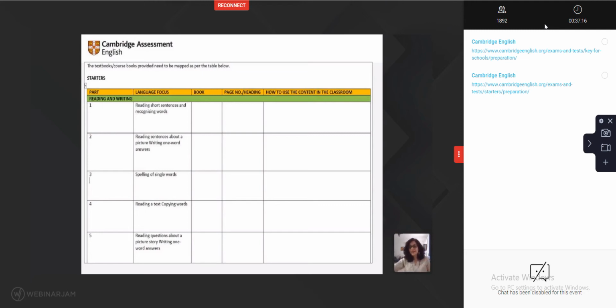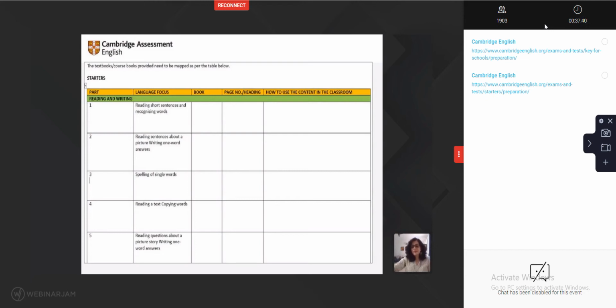And then you have the language focus, where you have descriptions of the subskills of reading. Now, here you can name the course book. If you're using only one course book, you can name only one course book. Sometimes teachers use a number of materials and resources. So those resources and materials can go in this column.